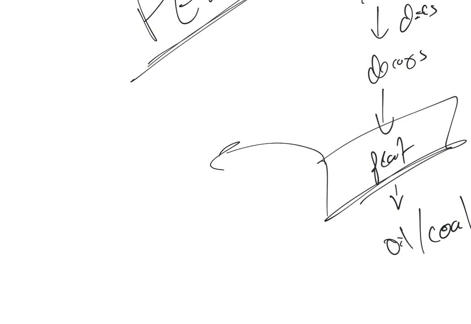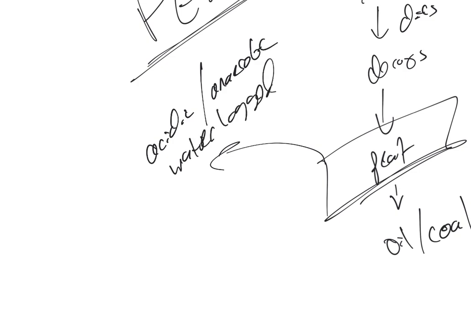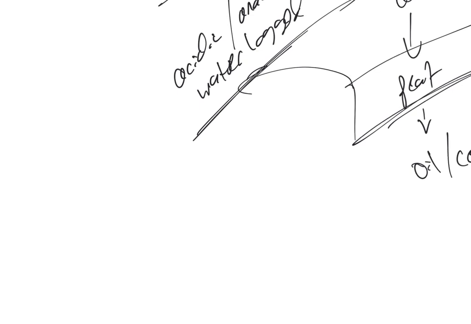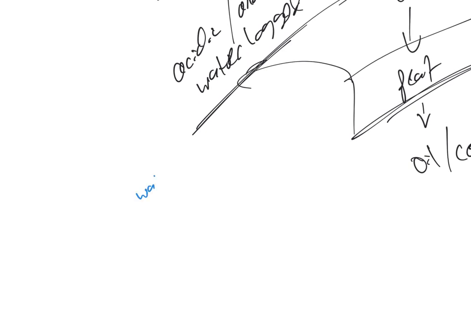Peat is caused by acidic and/or anaerobic and waterlogged conditions.